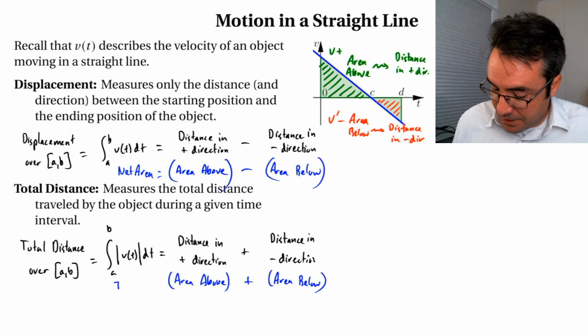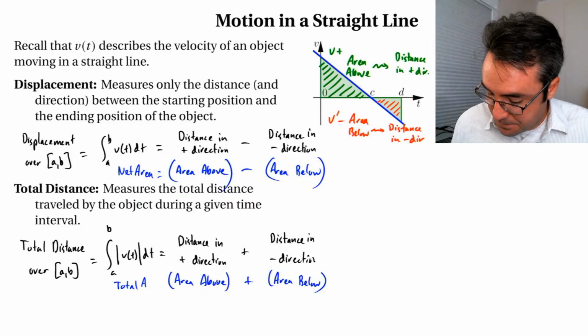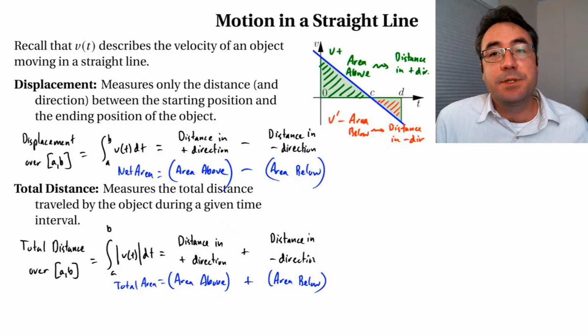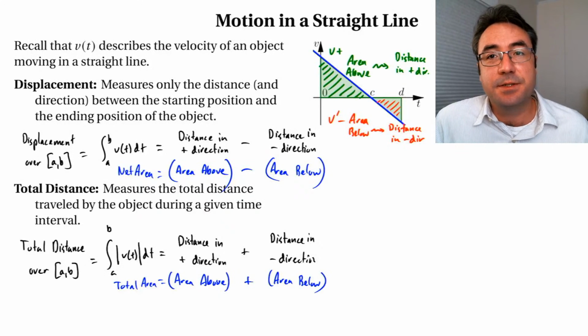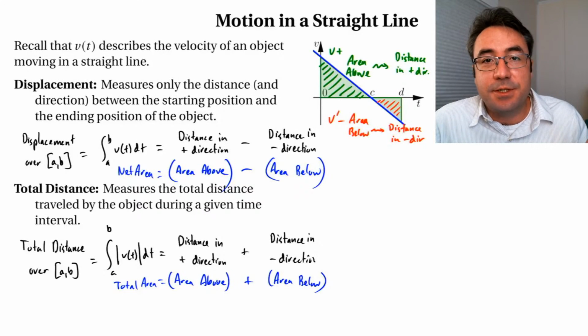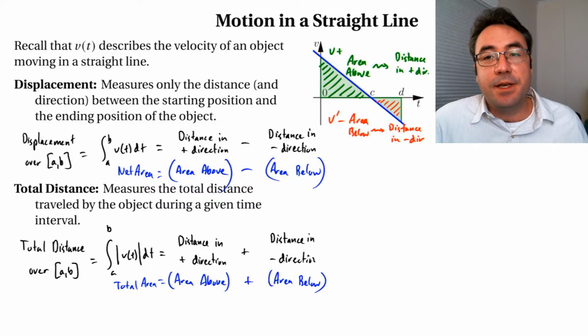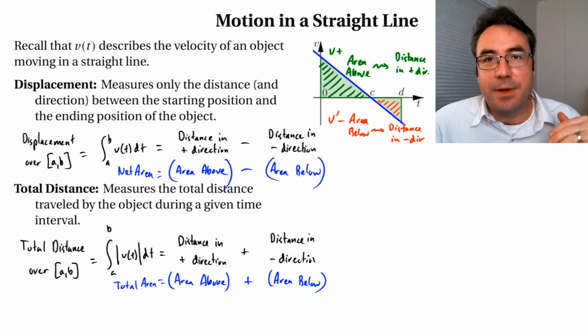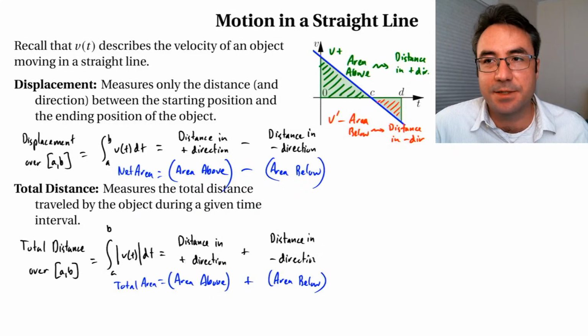And we also defined total area. And that's really another way to interpret displacement and total distance. Displacement is just the net area under the velocity curve. Total distance we could think of as the total area between the curve and the horizontal axis.